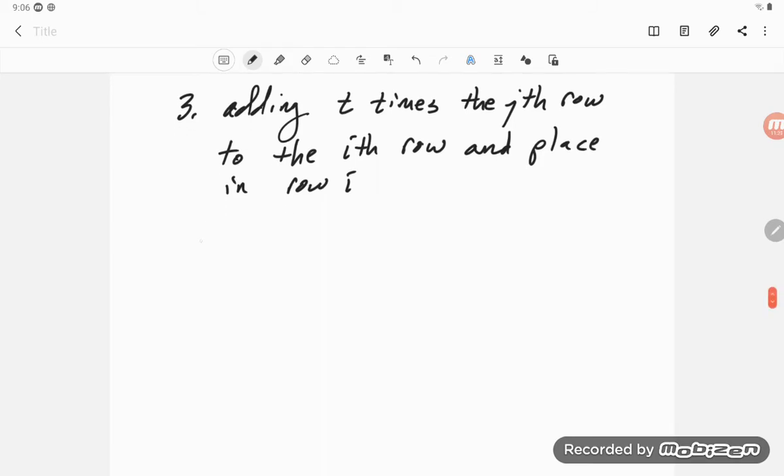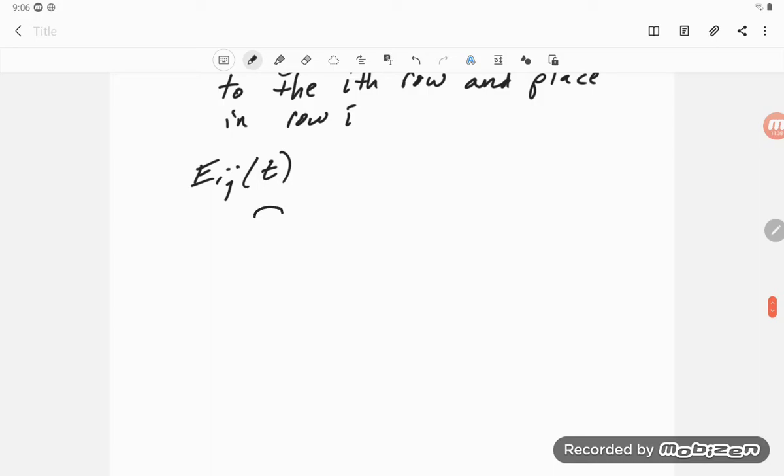And so that matrix, which they call E_ij of t, it's important that you see the I and the J in the correct order there.